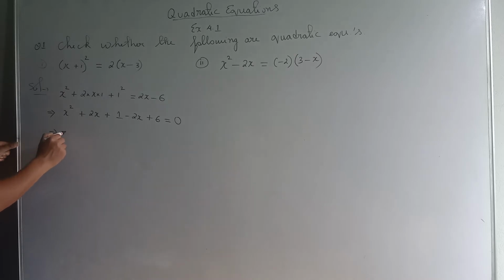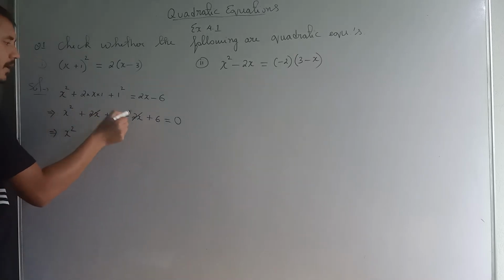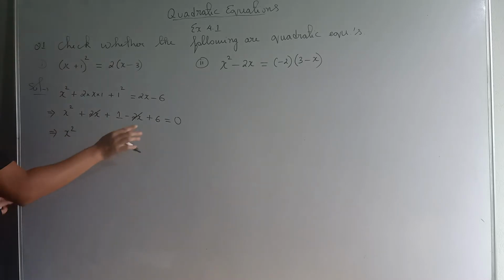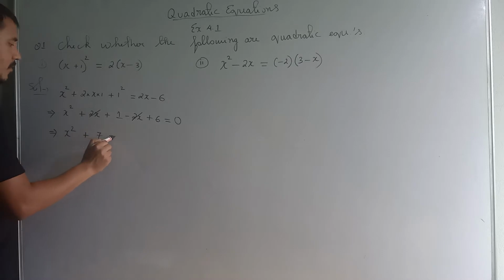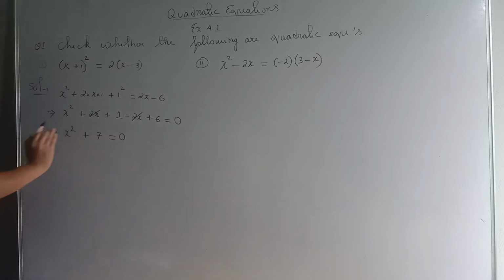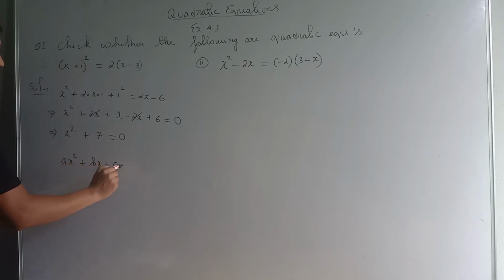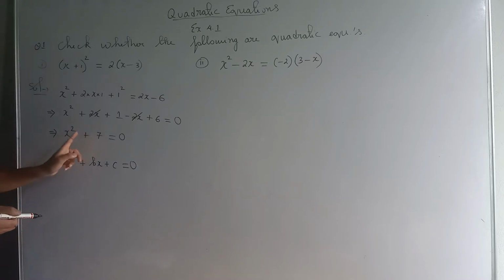So this implies x squared, here plus 2x minus 2x cancels out each other, and then we have 1 plus 6 is 7 equal to 0. Now this equation is of the form ax squared plus bx plus c equal to 0, right? Okay, here there is no term containing x, right? Because here your b is 0.